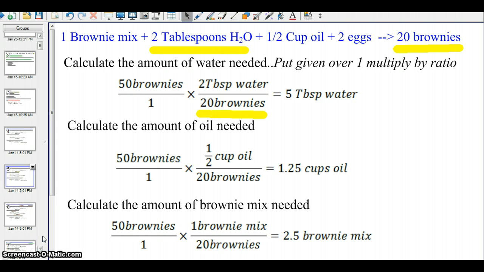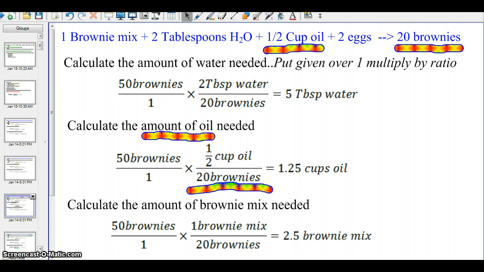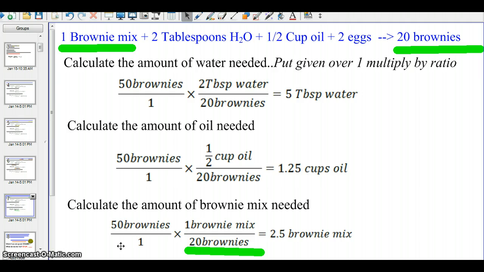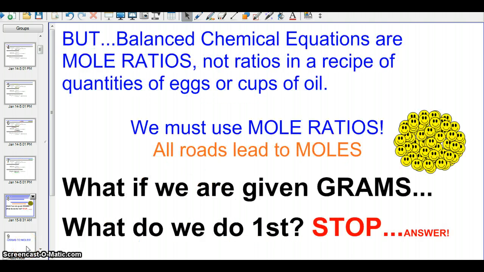And if we want to calculate the amount of oil needed, we use the proportions in the recipe for oil to brownies. And then finally, to figure out the amount of brownie mix to use, we use those proportions of brownie mix to brownies, and that gives us the proper amount of brownie mix. So this works great for making brownies or following other recipes that we want to double or triple or whatever.